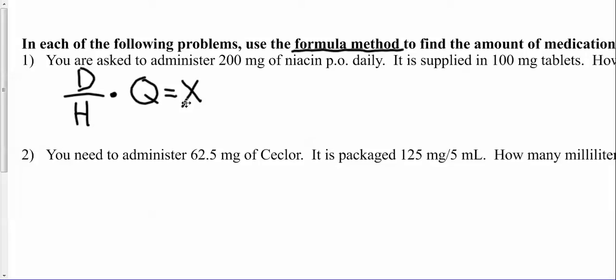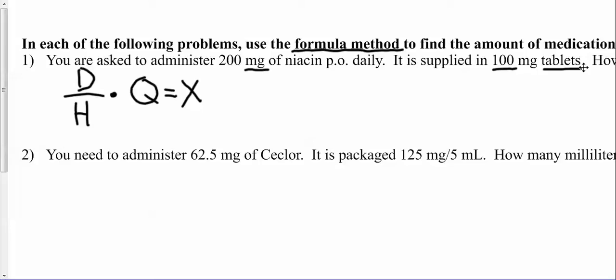Now, what is ordered is 200 milligrams, and what we have is 100 milligrams per every one tablet. So you notice both the order and the supply is in milligrams. Thus, step one of converting to the same unit, we do not need to convert because they're already both in milligrams.